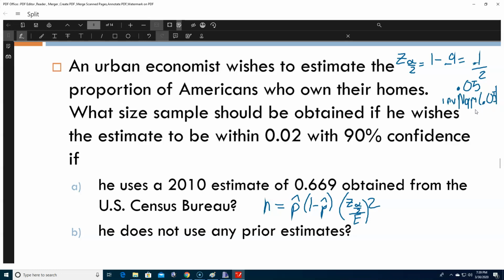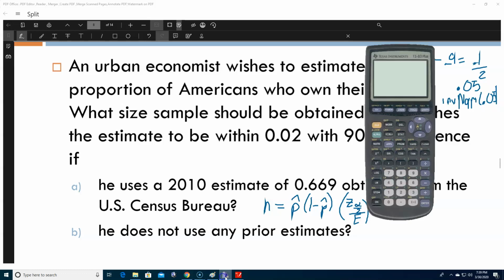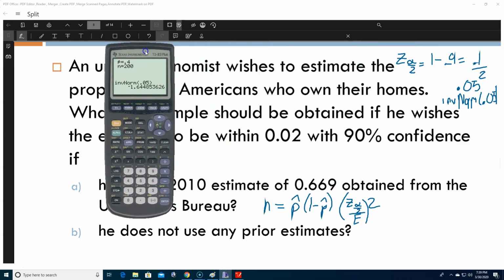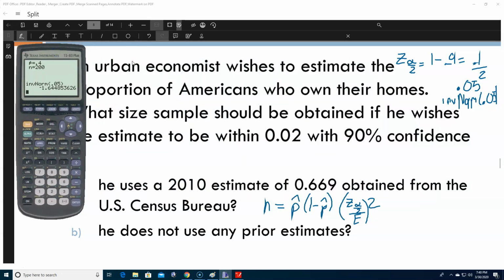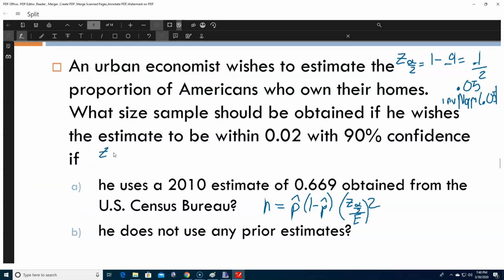So we go to the calculator, hit second vars, inverse norm, 0.05. We get 1.644, so z half alpha is equal to 1.645.